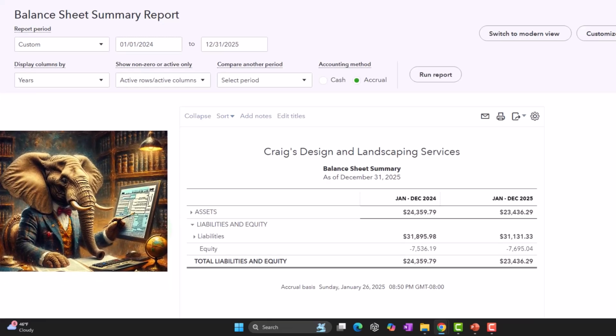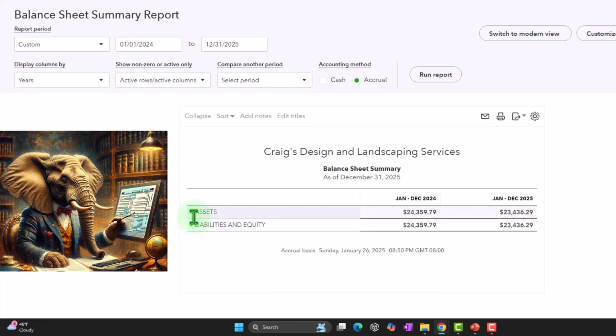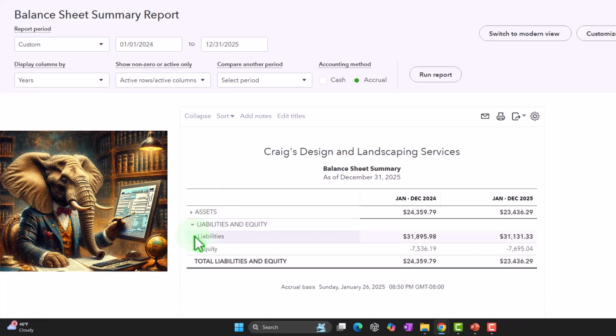So the assets, you can think of these as two sides of the coin. The assets, what the business has, measured in dollars. Liabilities and equity, the other side of the coin, represents who has claim to the assets of the business. Liabilities being third-party people like the bank for loans.